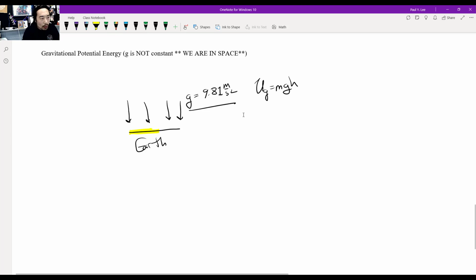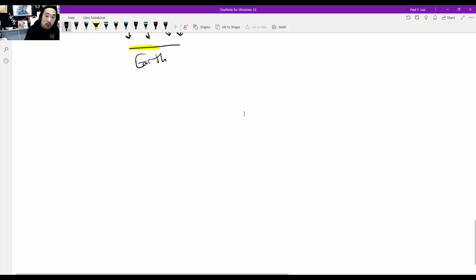But if we were to go out in space, our gravitational field is not constant. For example, if this is the Earth, and we look at this point away from the Earth, here our g would be less than 9.8.